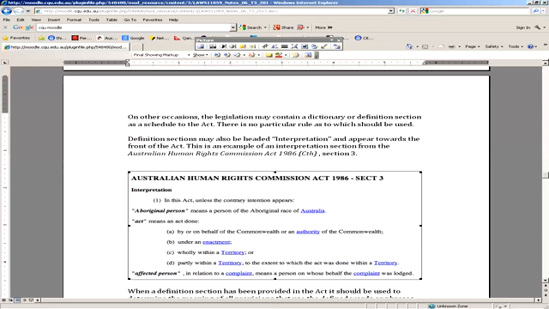Okay, thank you. You can see they've picked two key leading dictionaries, the Oxford English Dictionary being the leading, long form dictionary, and then another short form dictionary, Macquarie.